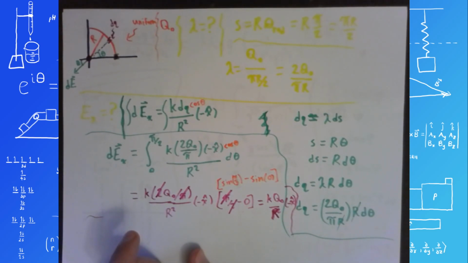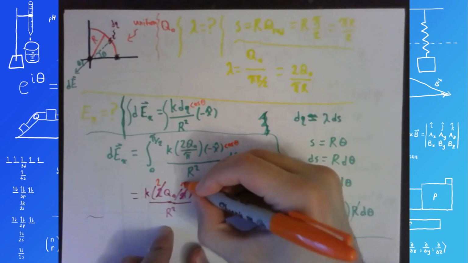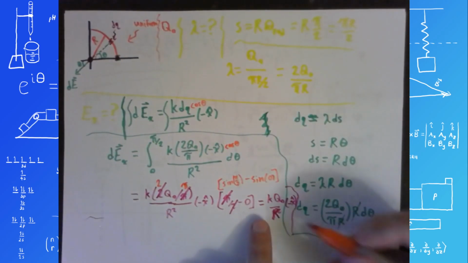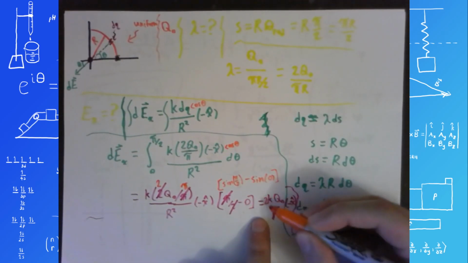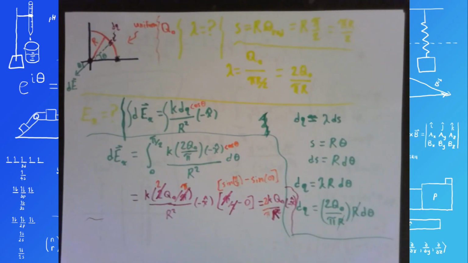Is there anything else that needs to be changed? No, I don't think so. So rewrite that 2, rewrite that pi, and over here we'd still have 2 and then over pi. Okay, I think that fixes it. Am I missing anything else? Let me double check.